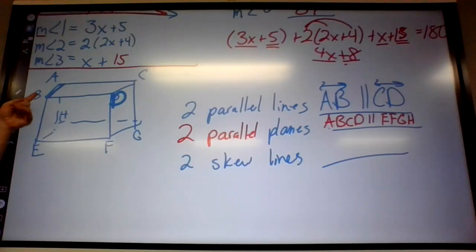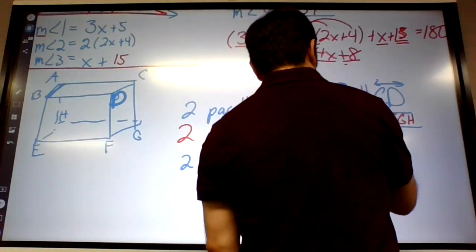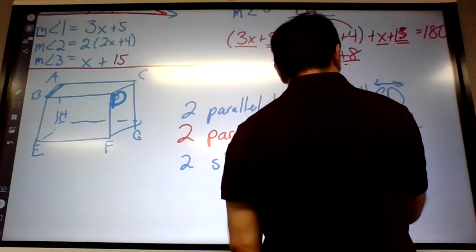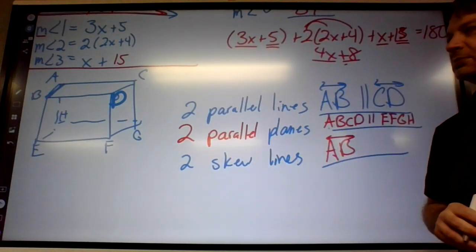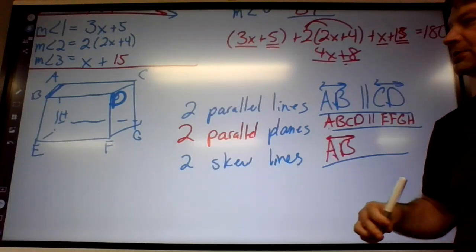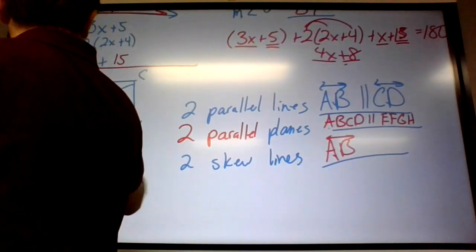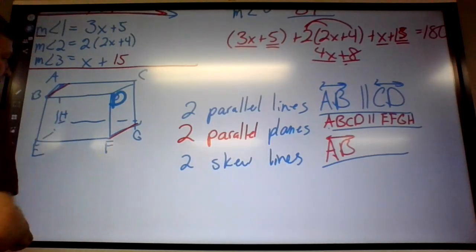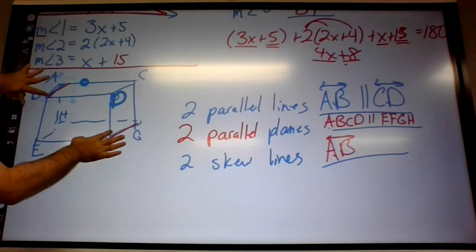Like, okay, if I said line AB, what's another line that does not touch that, but is not parallel? FG? Actually, these two would be parallel. Even though they didn't draw the plane in the picture, there is kind of a plane that would connect those two, so these two actually are parallel.